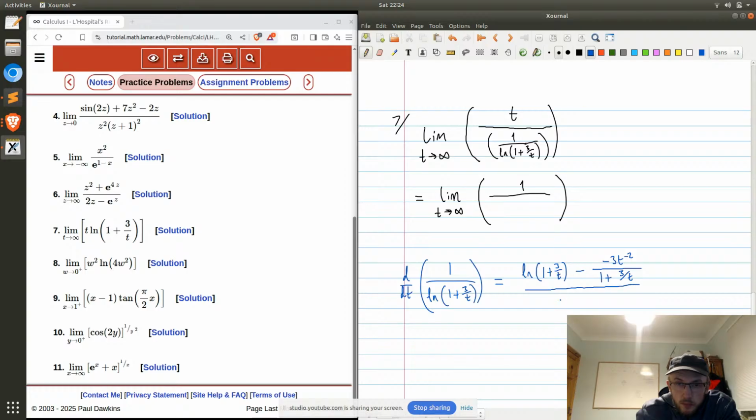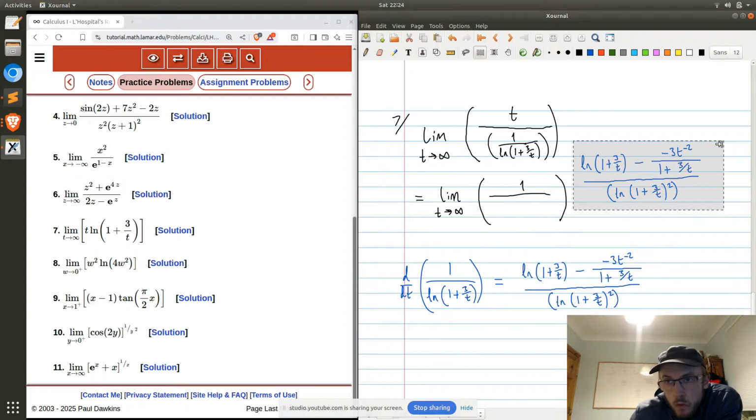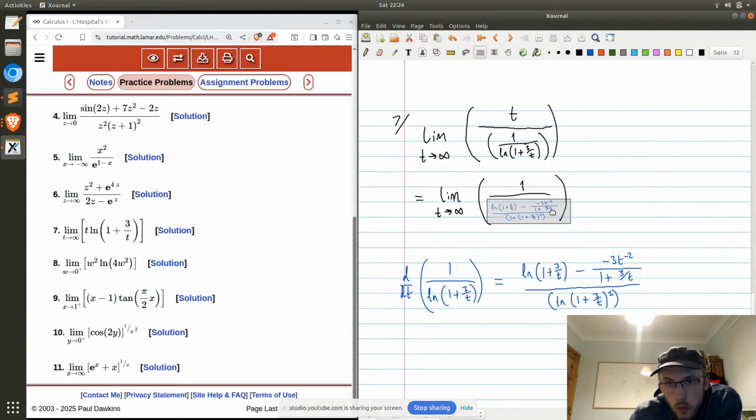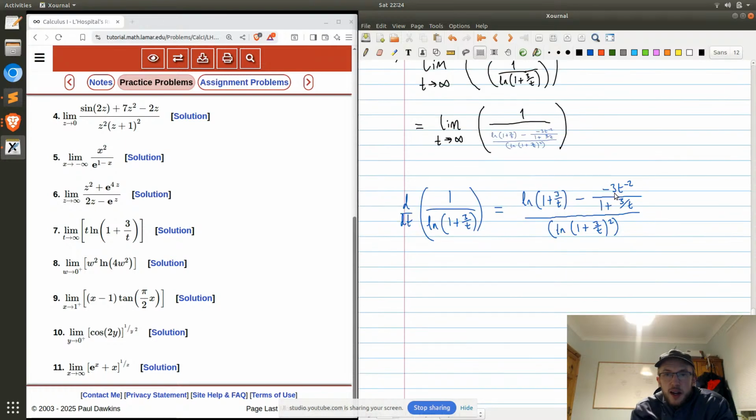Now, the square of this, isn't that right? Oh my goodness me. So it's all of that, and so all of this has to be flipped over, right? There.